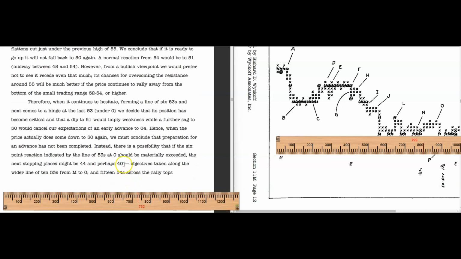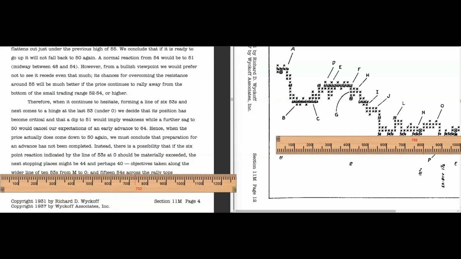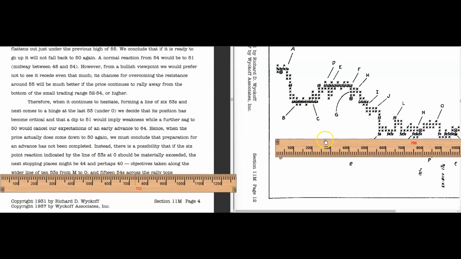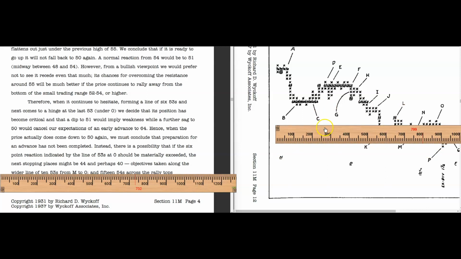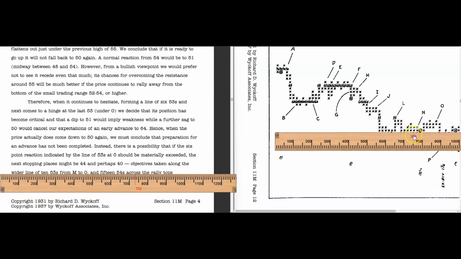And perhaps 40. Objectives taken along the wider line of 53s. So if you take the wider line of 53s, 50, 1, 2, 3, what do you get? 1, 2, 3, 4, 5, 6, 7, 8, 9, 10, 11, 12, 13, 14, 15. I think that's 15.